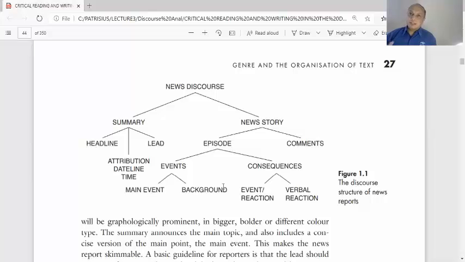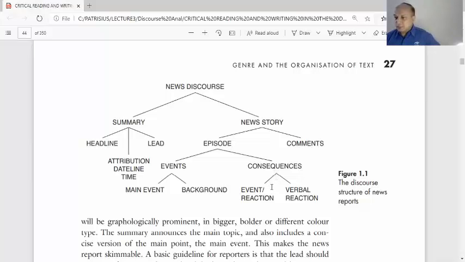So if the main event is a car crashed into a barrier, that's the main event. And then the consequence is the driver was killed instantly. That's the consequence. Anything that is caused by the main event is called consequence.